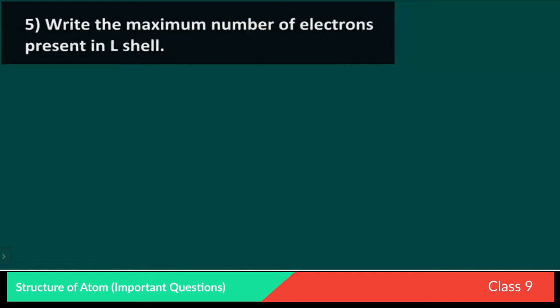Question number 5. Write the maximum number of electrons present in L shell. Now we know L shell is the second shell or the second energy level. So for L shell, the value of n is equal to 2.